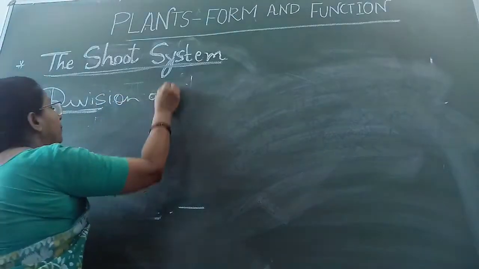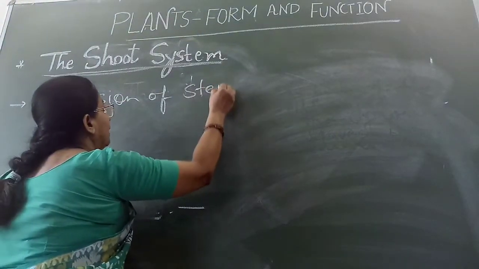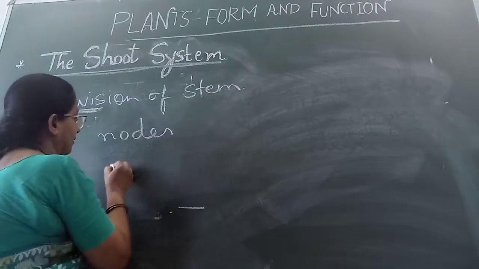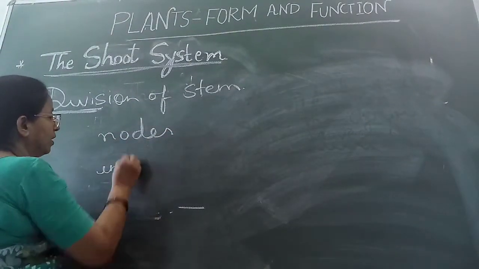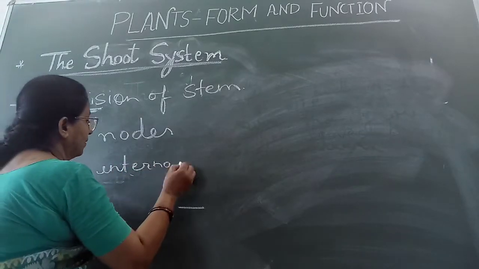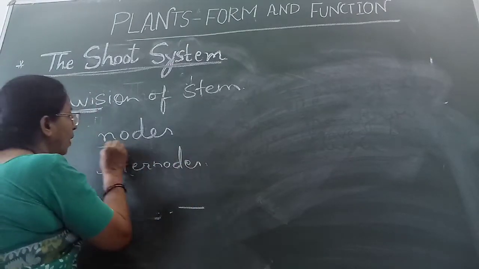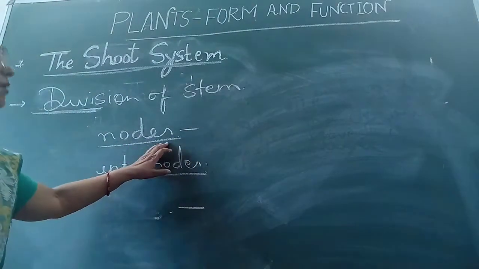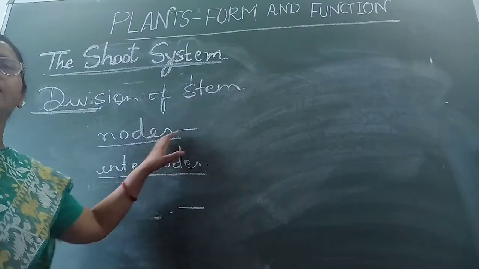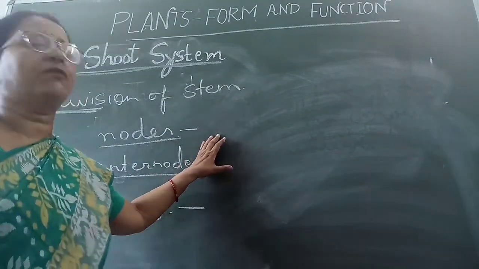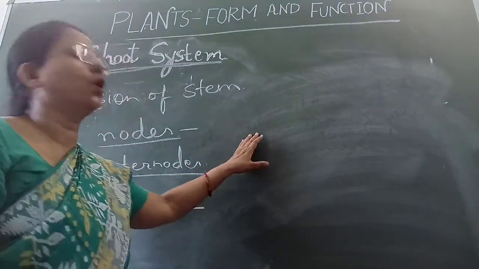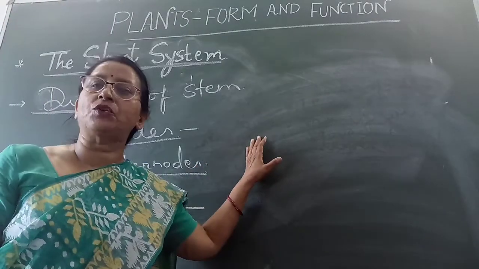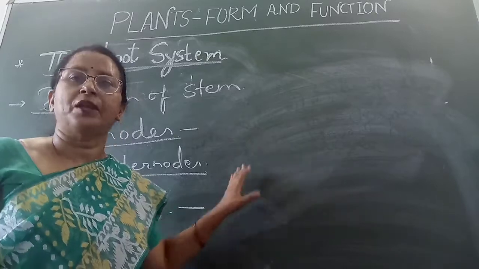You will find it can broadly be divided into nodes, internodes, etc. What is a node? What is an internode? The position in the stem which bears buds, flowers, etc. is known as a node, whereas the space between two nodes is called an internode.